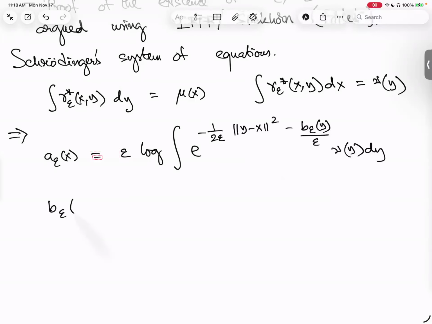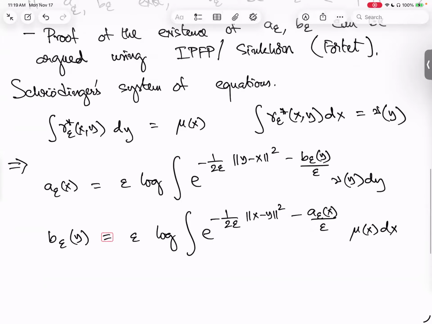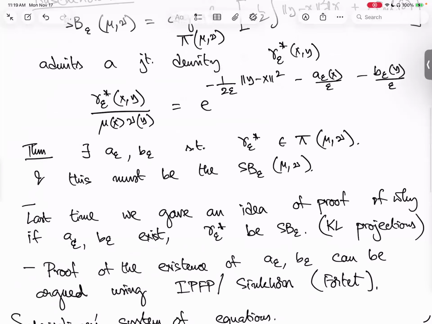And b epsilon of y, the same thing, epsilon log integral e to the power minus 1 over 2 epsilon norm of x minus y squared minus a epsilon of x over epsilon, mu of x dx. That's what I get from the marginal constraint, by simply integrating and taking terms out.